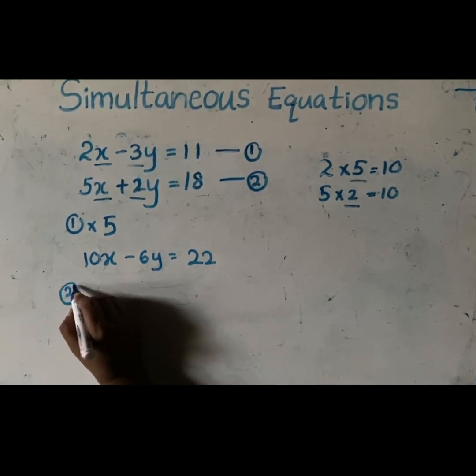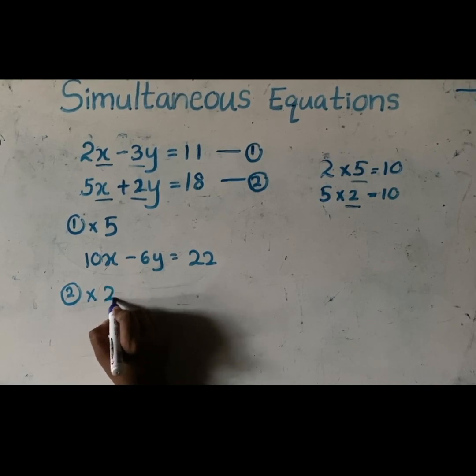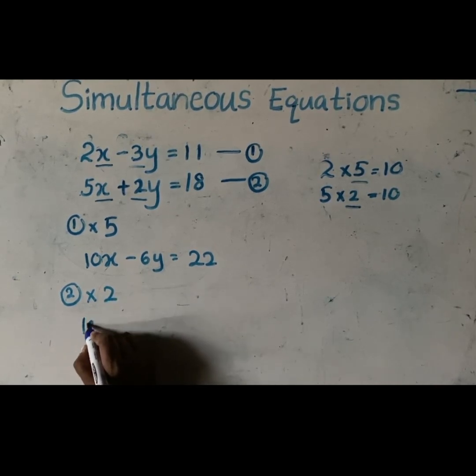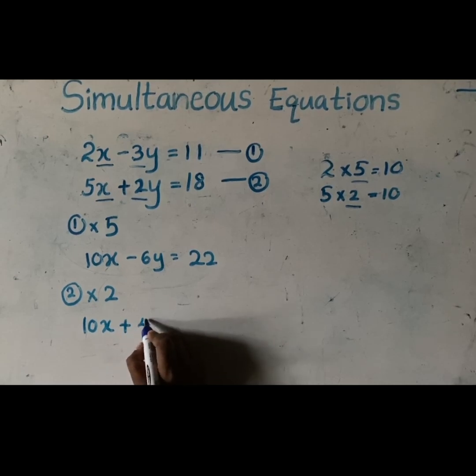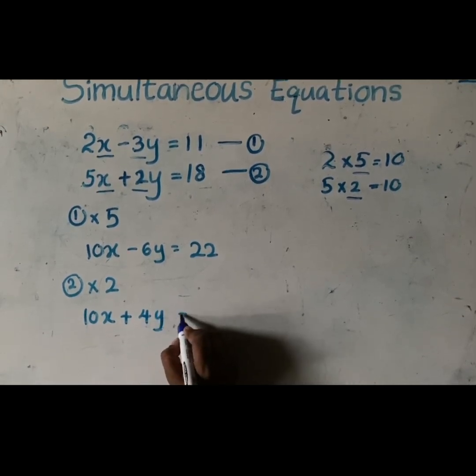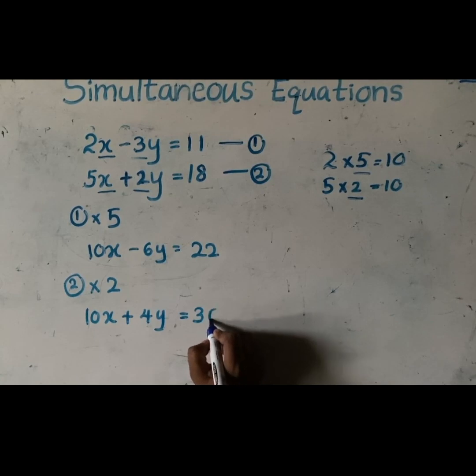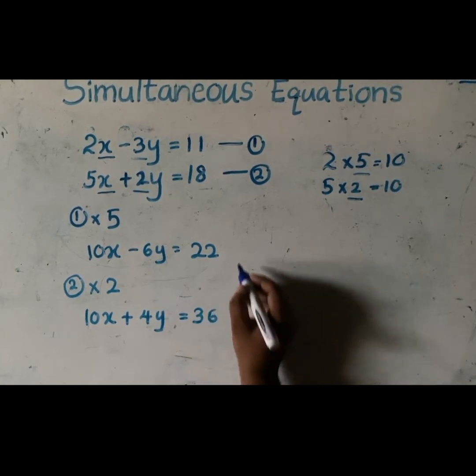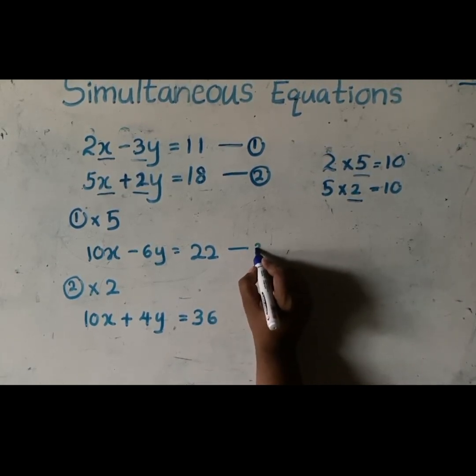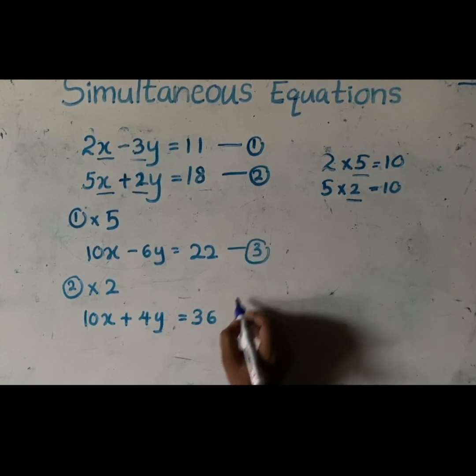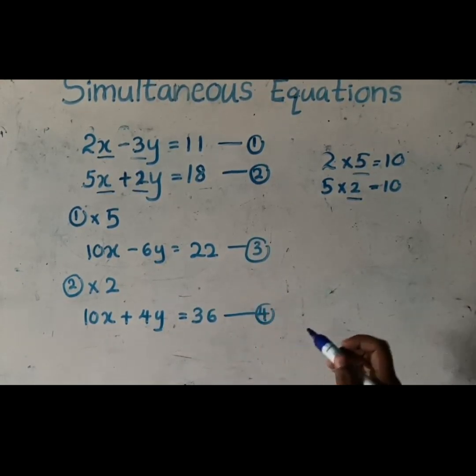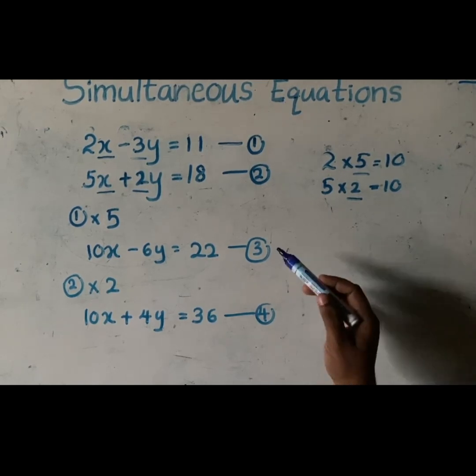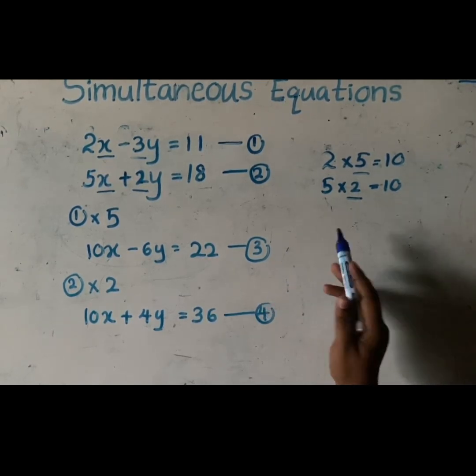Now I multiply the second equation by 2. Then 10x plus 4y equal 36. Now I mark this equation as 3 and this equation as 4. Now I am going to solve our third and fourth equations.